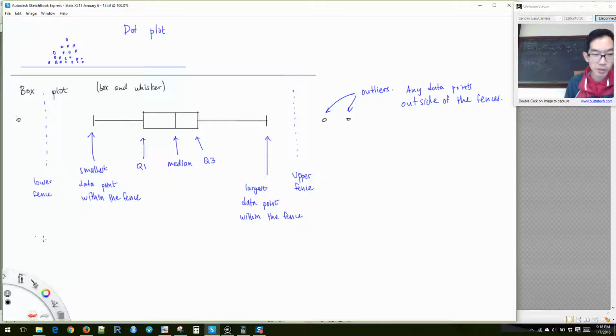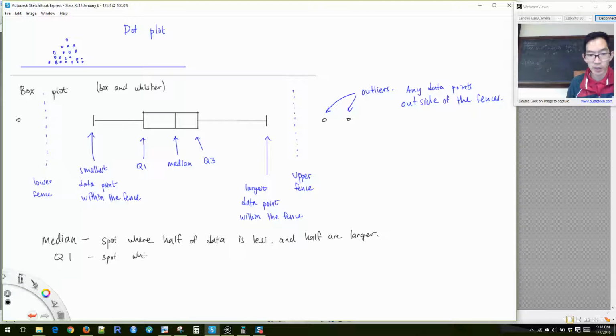So we've already defined the median. The median is the halfway point, the spot where half of the data is less and half are larger.